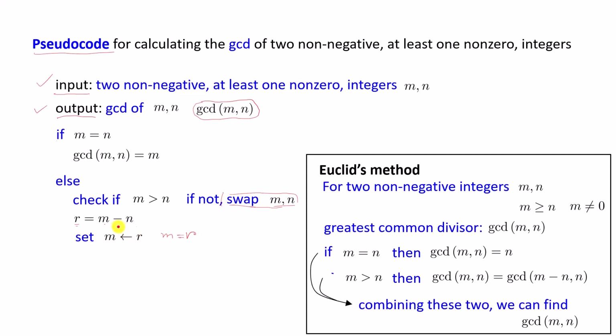So henceforth the m will take this value r. The old value of m will be lost now. So I am setting this m equals r, and then again I'll go to this if and I'll continue this cycle. How we'll do it actually in a program, that is not our concern now. But this is the way we understand that we have to instruct the computer to do it.